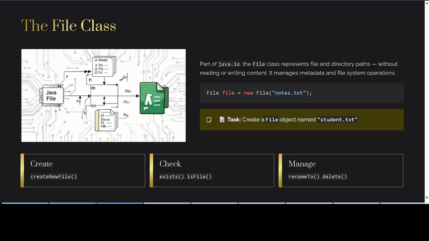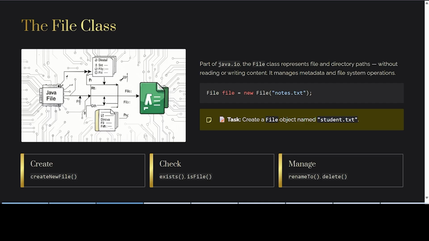That means it will rename the file, modify the name, or completely delete the file. It performs actions on the file. These are the methods that are applied in your File class. I will practically show you later how to create, check as well as manage your files.